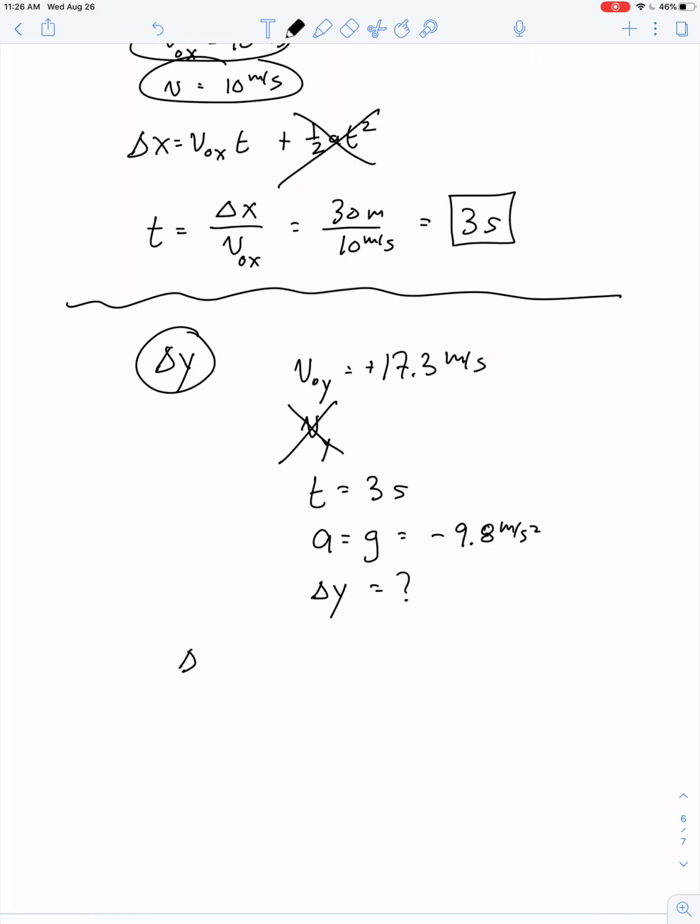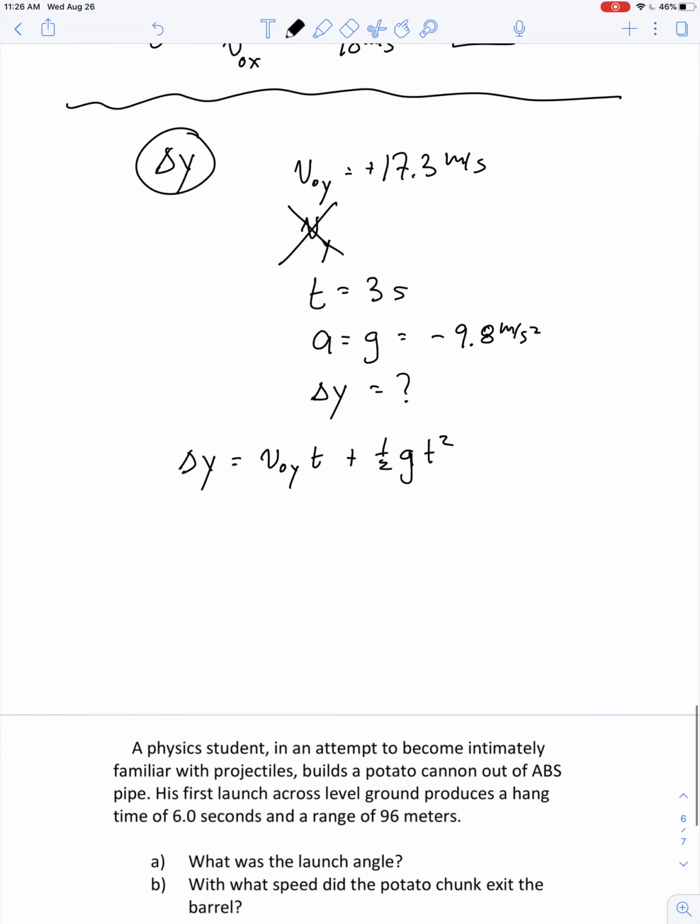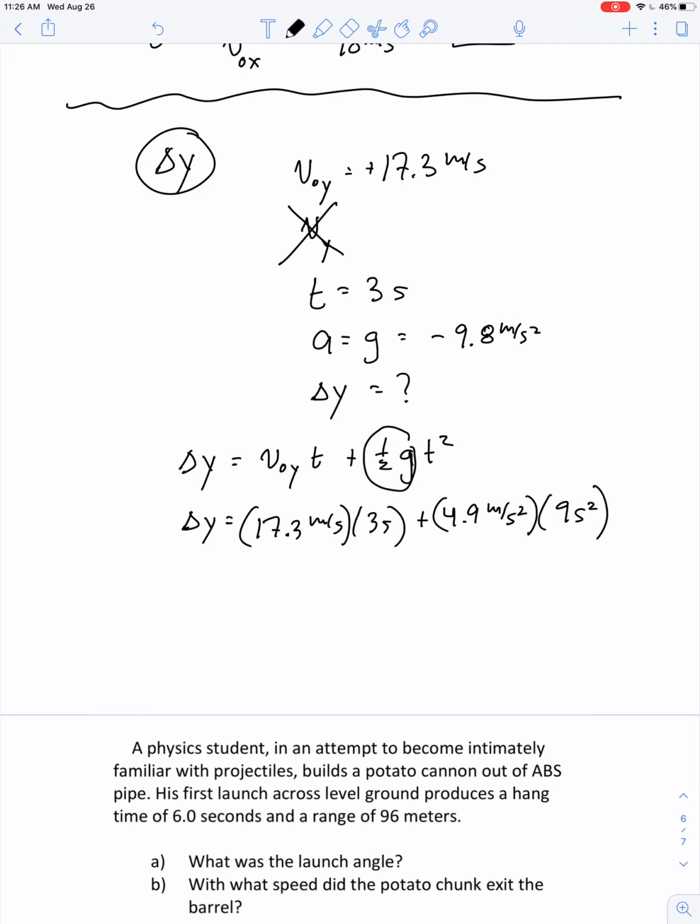So we're using the familiar equation delta y equals v initial y times time plus 1/2 at squared, and we'll replace the a with g. So we get delta y is equal to 17.3 meters per second times 3 seconds plus, let's see, half of g would be 4.9, right? 4.9 meters per second squared times 9 seconds squared, right?